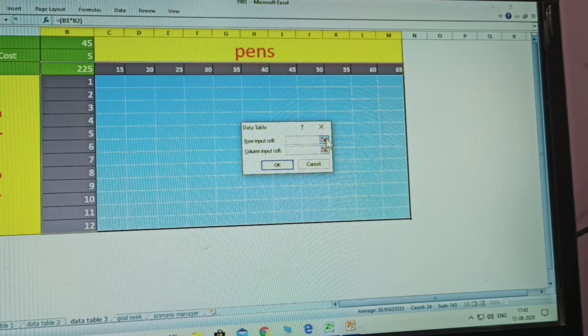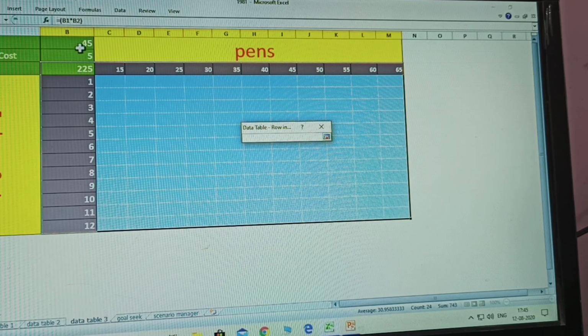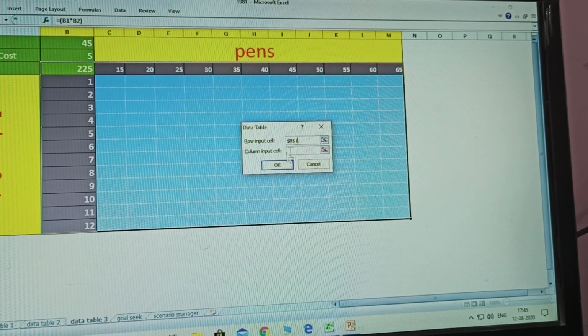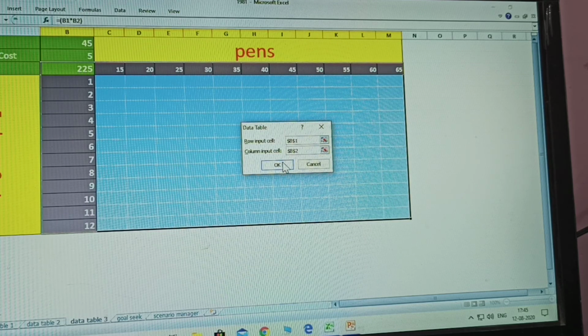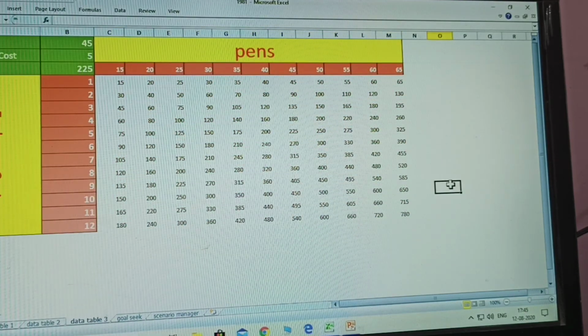What is the row? These pens. Pens is the row, so click here, click the pens. What is the column? Each pen's cost. Now click OK. This is the data table.